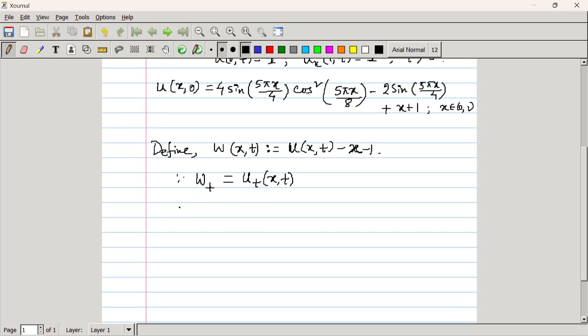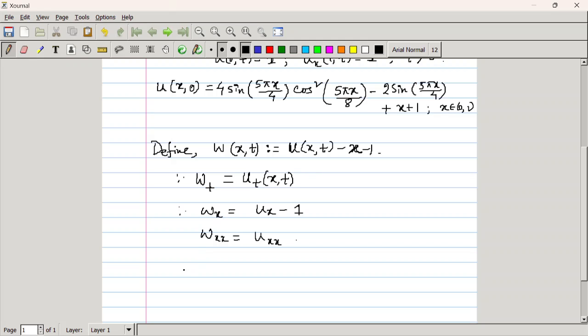And what is wx? wx is ux minus 1, since the derivative of x with respect to x is 1. And wxx is uxx, since the derivative of 1 with respect to x is 0.